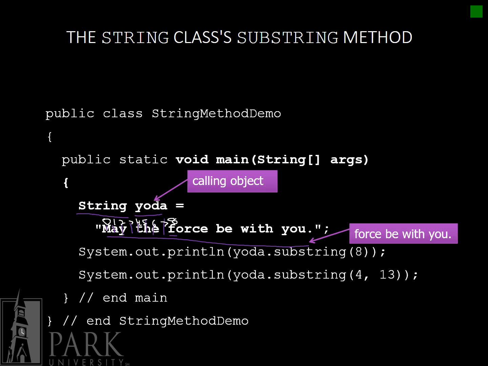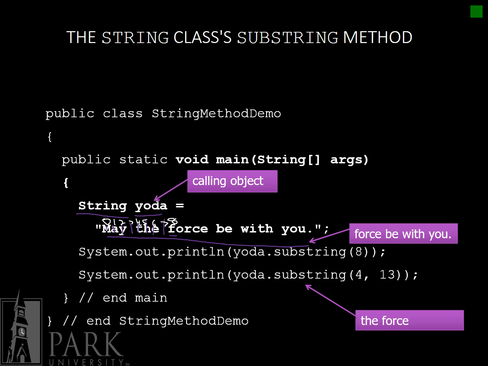The second substring method will print out everything from the 4th index up to the 13th index, but not including it. So in this case, "the force", right?